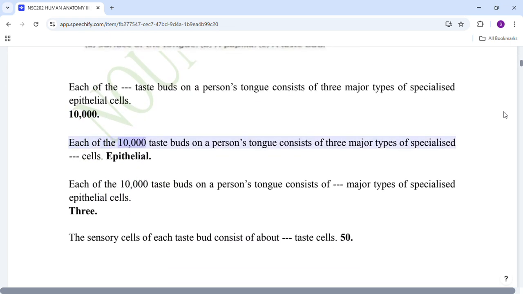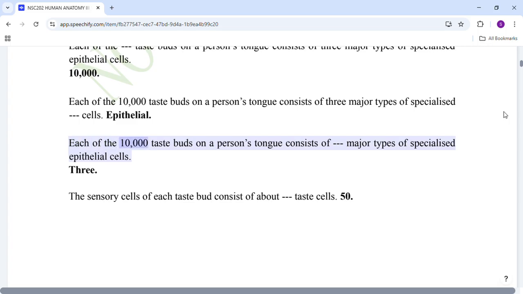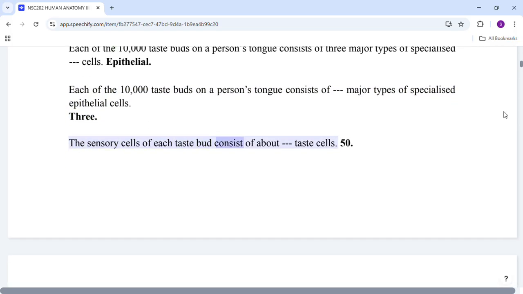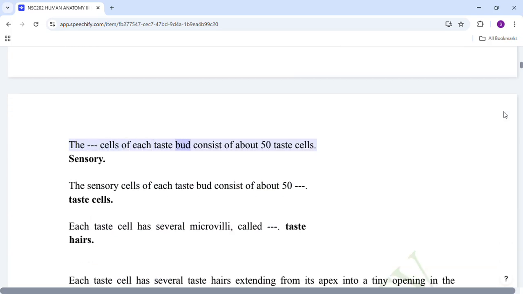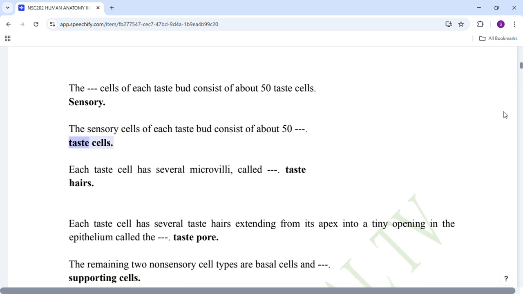The sensory cells of each taste bud consist of about 50 taste cells.